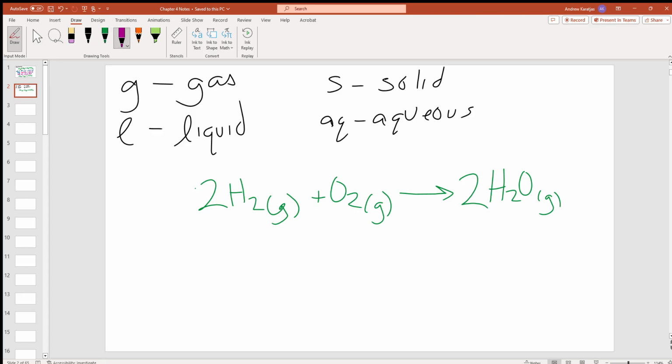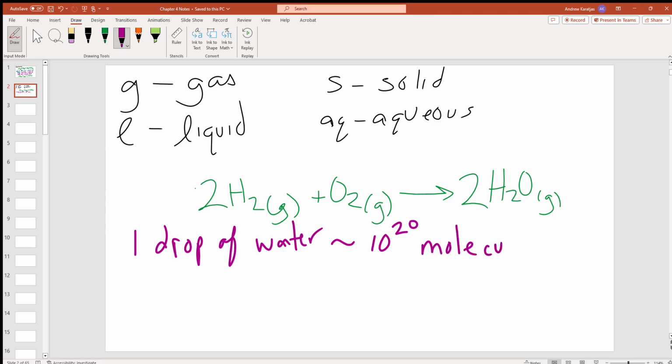In fact, if we think of a single drop of water, and this is one of those not so great terms that we use, because drop is a very subjective term. There's no definition of what that means. But a drop of water might contain somewhere on the order of 10 to the 20th molecules of water.